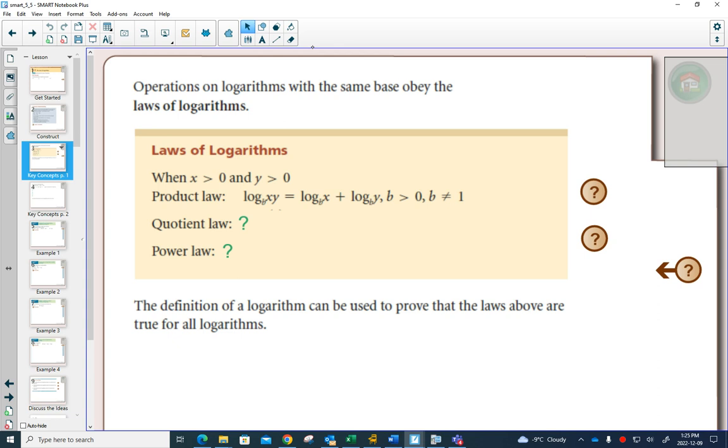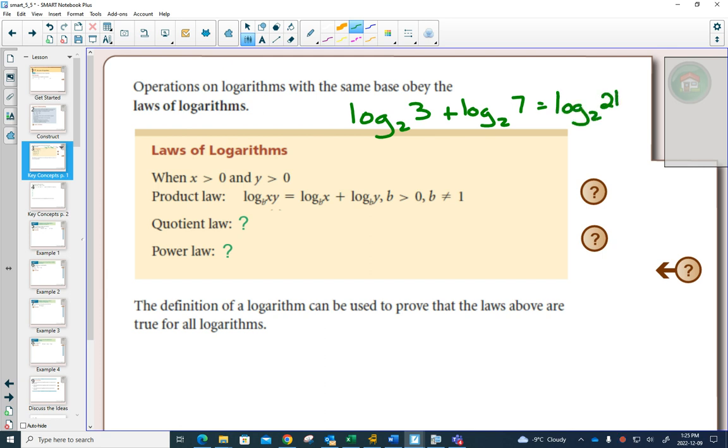All right. So if you are adding two logs with the same base, you can now put them together and multiply. So for example, log base 2 of 3 plus log base 2 of 7 would be the same as log base 2 of 21.